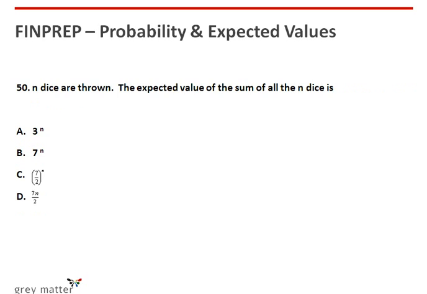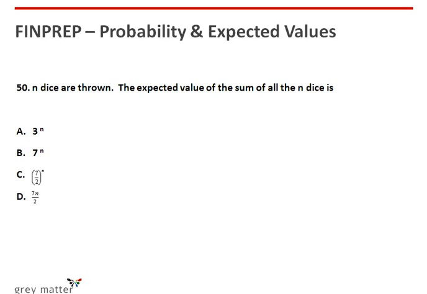The last question, 50th question: n dice are thrown. The expected value of the sum of all the n dice is? Now we know that when one die is thrown, the expected value of the variable x would be 7 by 2, which we have already computed.